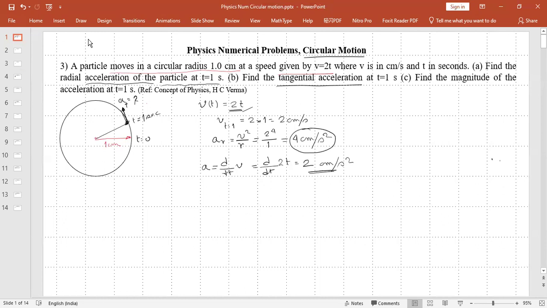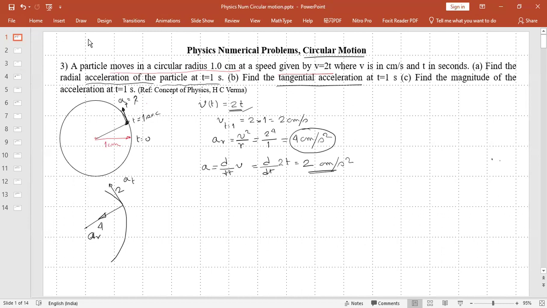Let me draw this circle once again. We find this has got a radial acceleration of 4 centimeter per second square, and it has got a tangential acceleration of 2 centimeter per second square.